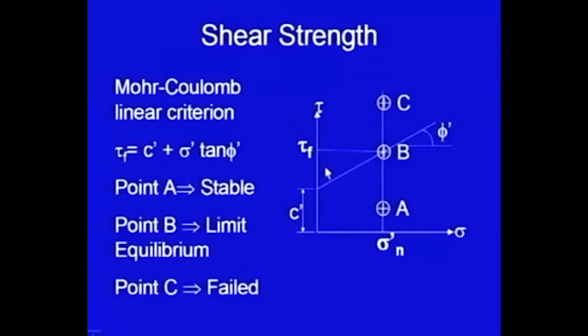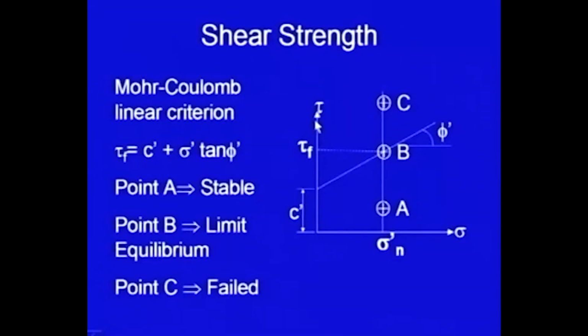Let us talk about this failure envelope. The most widely used expression for this failure envelope is the Mohr-Coulomb failure criterion. This is a linear equation. The Mohr-Coulomb equation uses two parameters, C and phi, or C dash and phi dash wherever applicable.